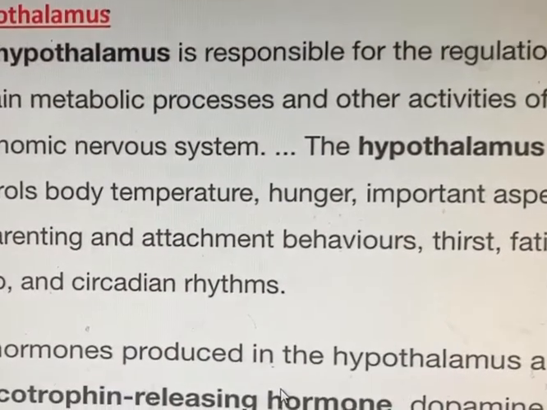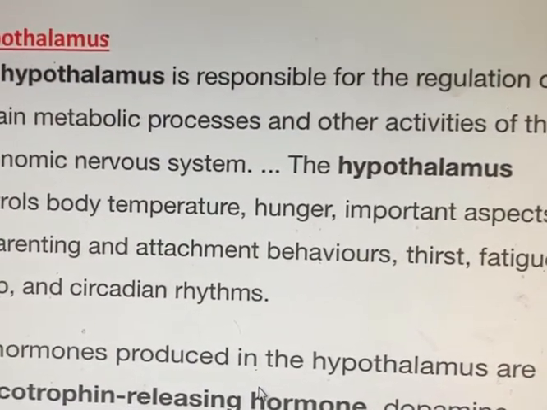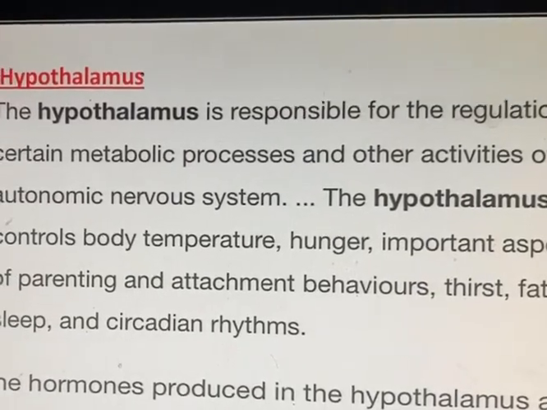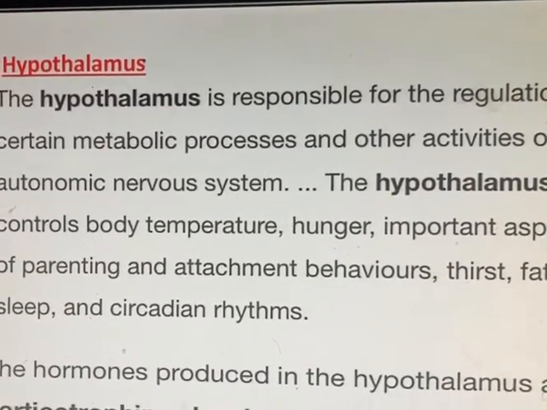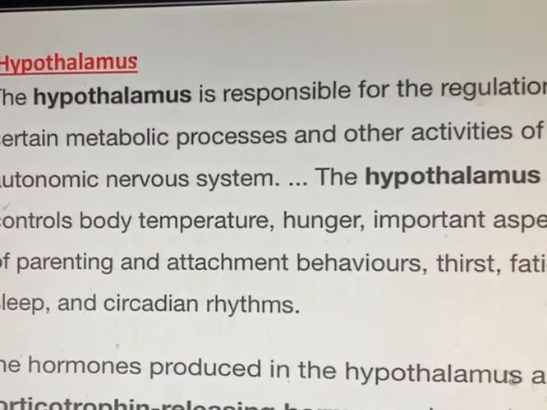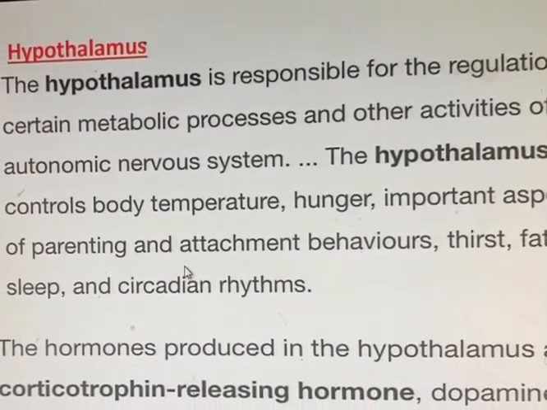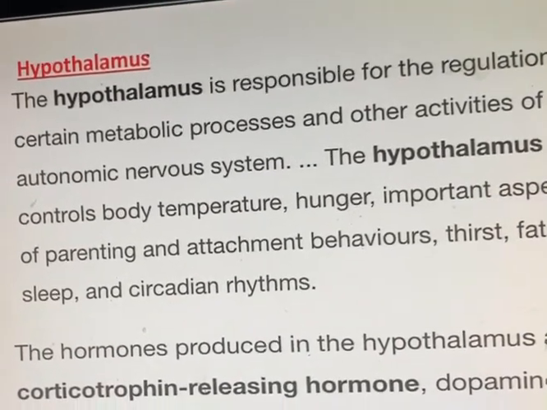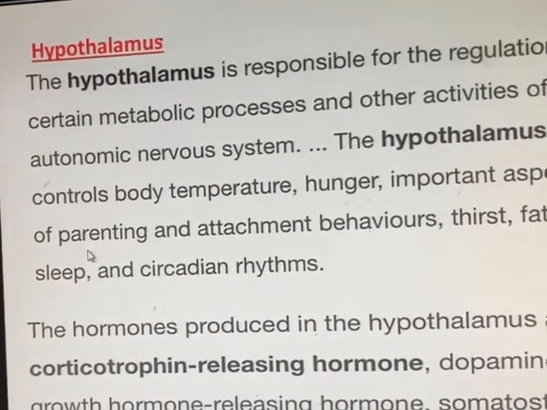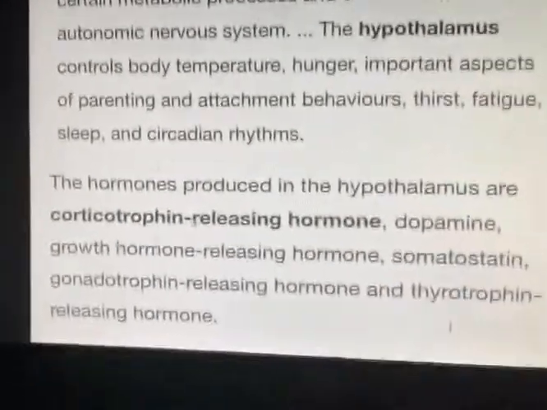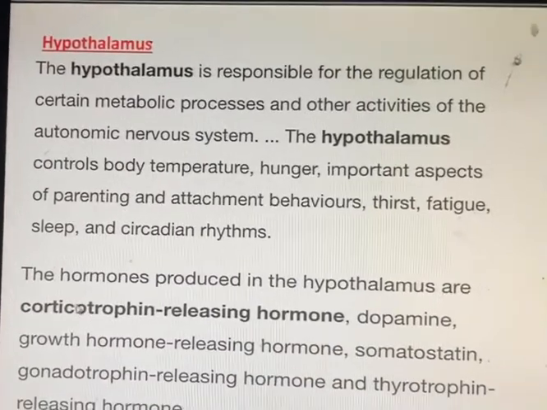Hypothalamus. This is responsible for the regulation of certain metabolic processes and other activities of the autonomic nervous system. The hypothalamus controls body temperature, hunger, important aspects of parenting and attachment behaviors, thirst, fatigue, sleep, emotions, and the circadian rhythms or biological clocks.